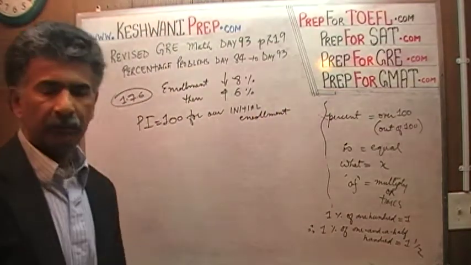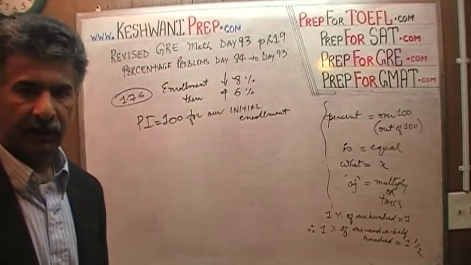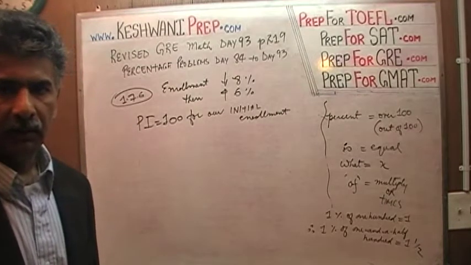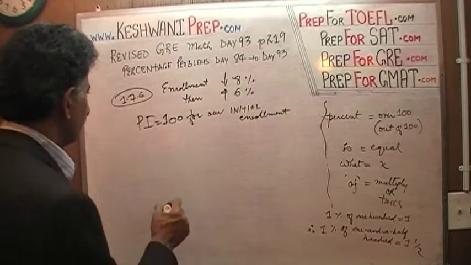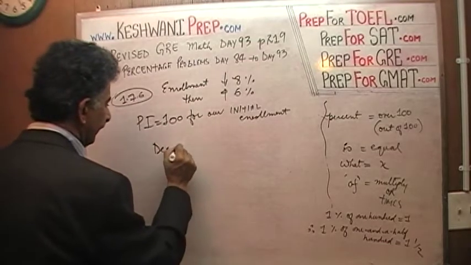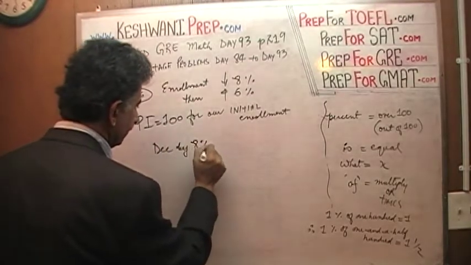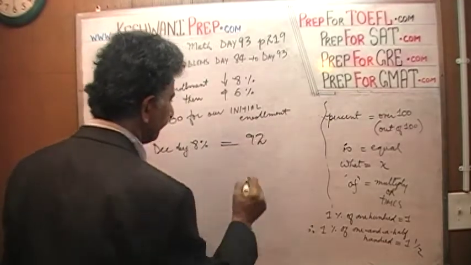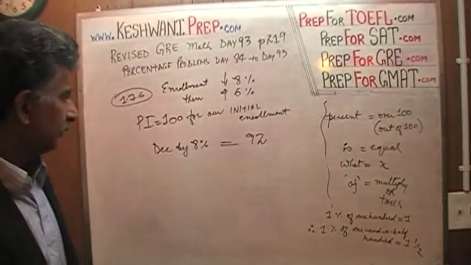We're starting out by pretending that in the beginning we had 100 kids. So if it decreased by 8%, it must have become 92, because 100 minus 8 is 92.